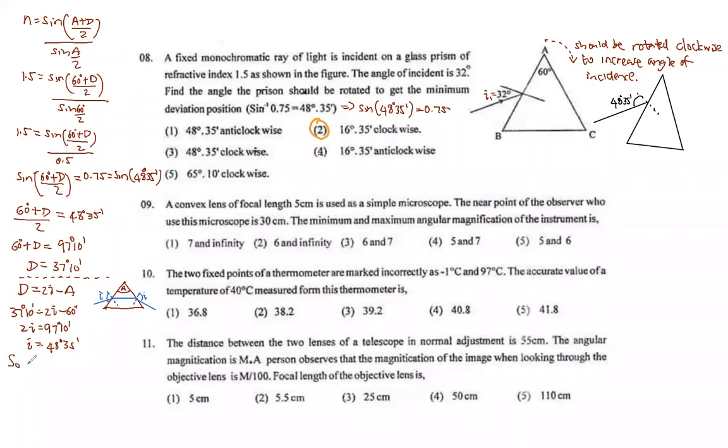So it should be rotated further by 48 degrees 35 minutes minus 32, that is 16 degrees 35 minutes. Understood? Right. So the answer is the second one.